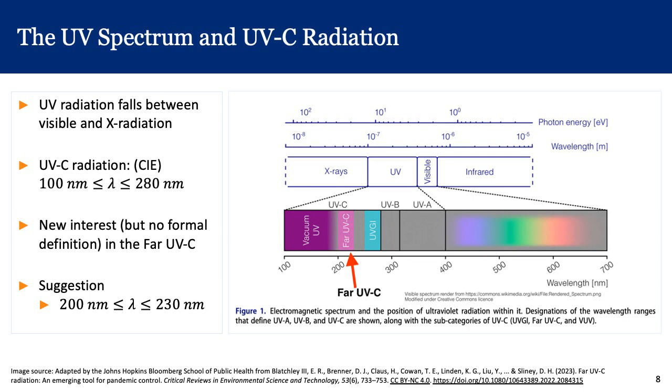In recent years, we've started to break down the ultraviolet C band into further details because of newer discoveries of different types of effects in different parts of the ultraviolet. UV falls in the spectrum between X radiation and visible light.